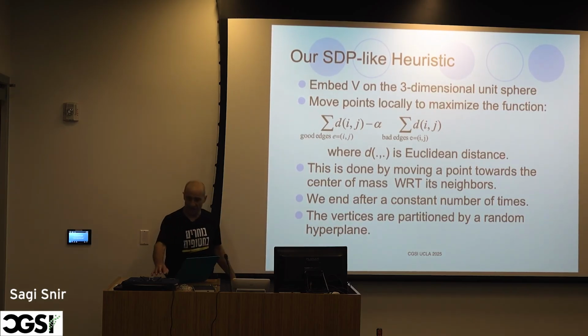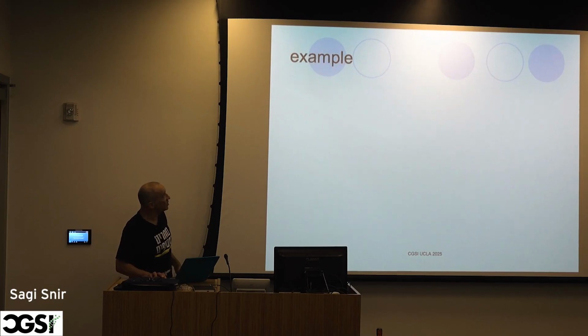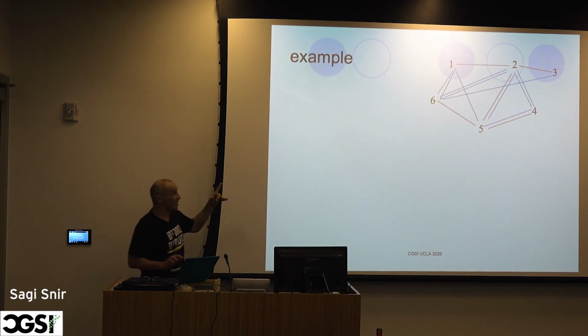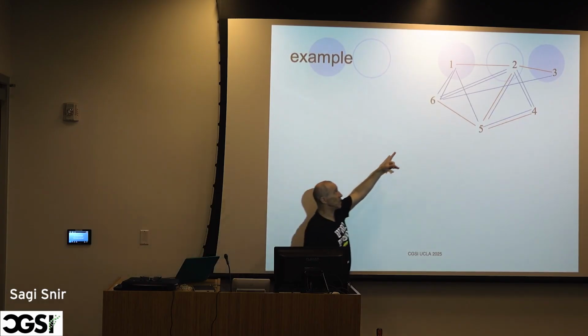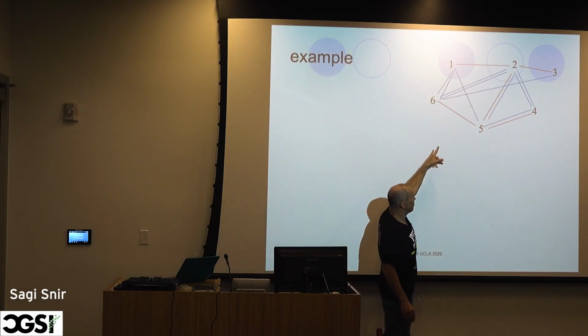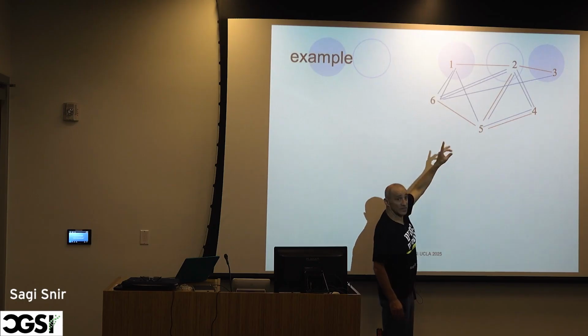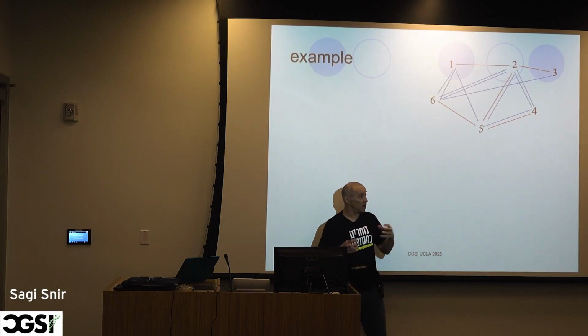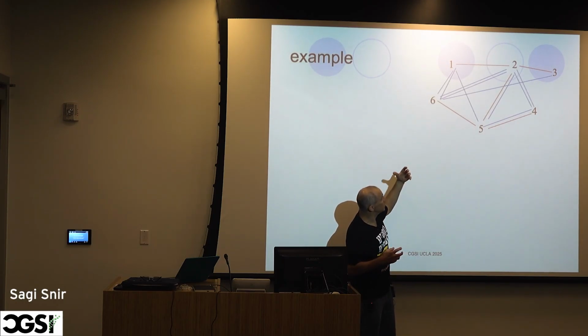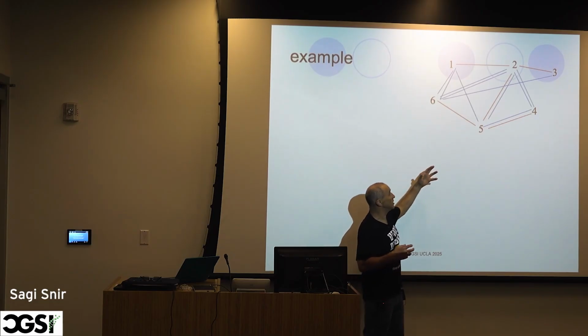Let's see some intuitive example here. So this is the example. Again, that represents our triplet set. This is the discrete, the discrete or combinatorial representation of a problem.